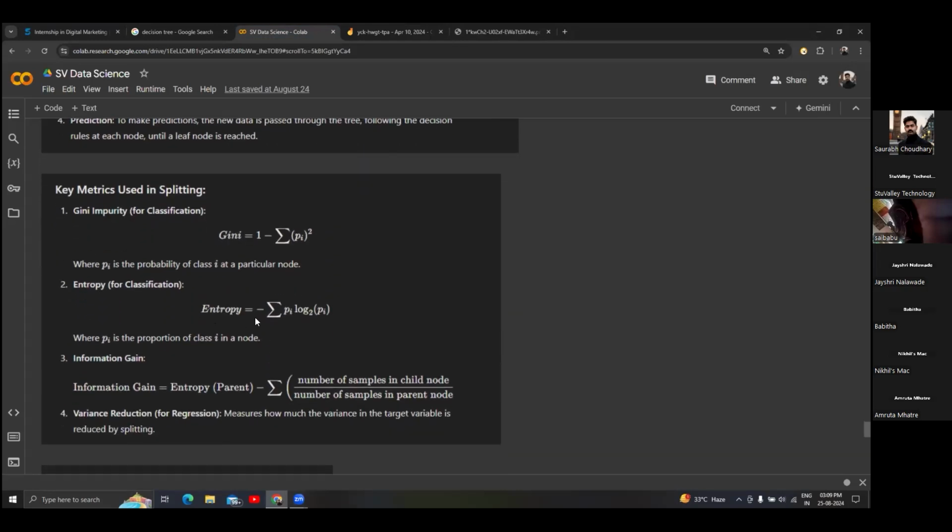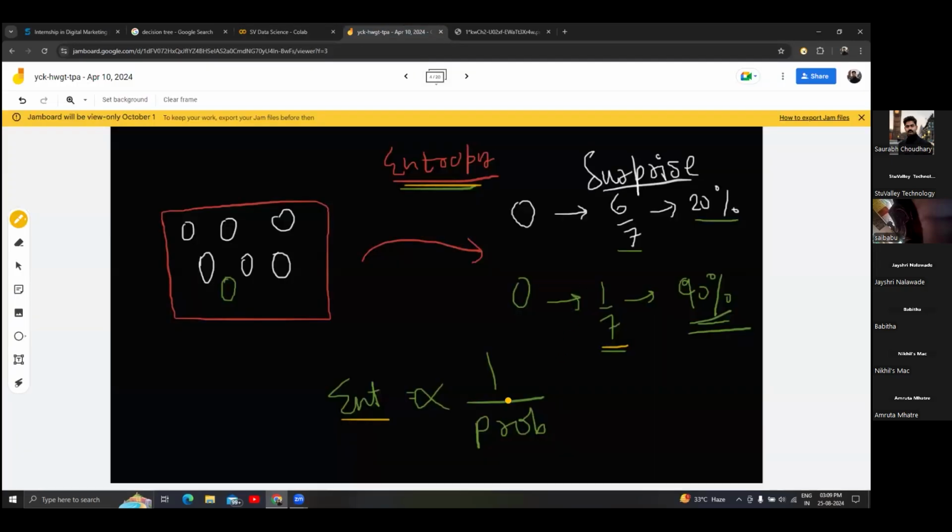So you can see the formula of entropy is minus summation of pi log base 2 of pi, where pi is the proportion of the class. It means your entropy formula involves the probability versus quantity: how much in numbers it is, and its probability.